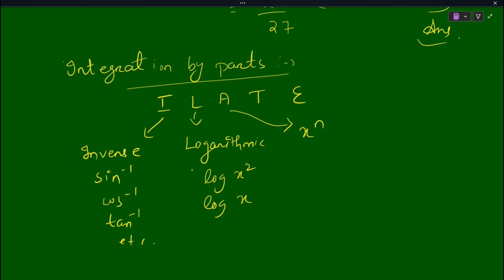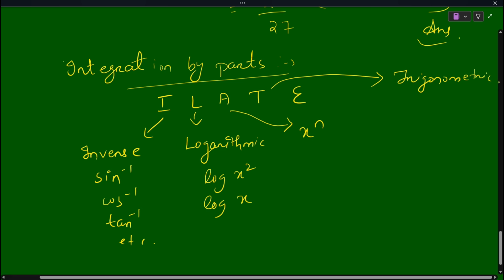Then the T stands for trigonometric functions. So what are the trigonometric functions? These are sine, cos, tan, etc. Then E stands for exponential functions, which are of the form e to the power x.